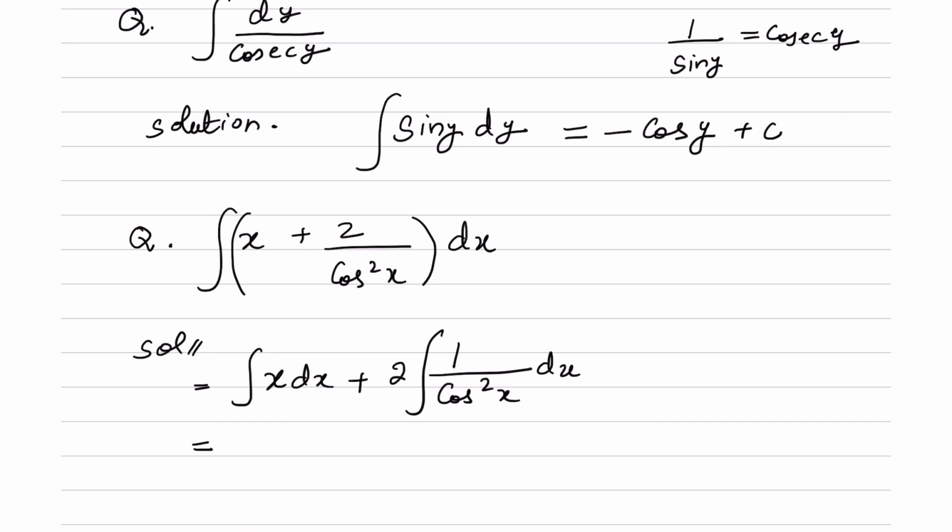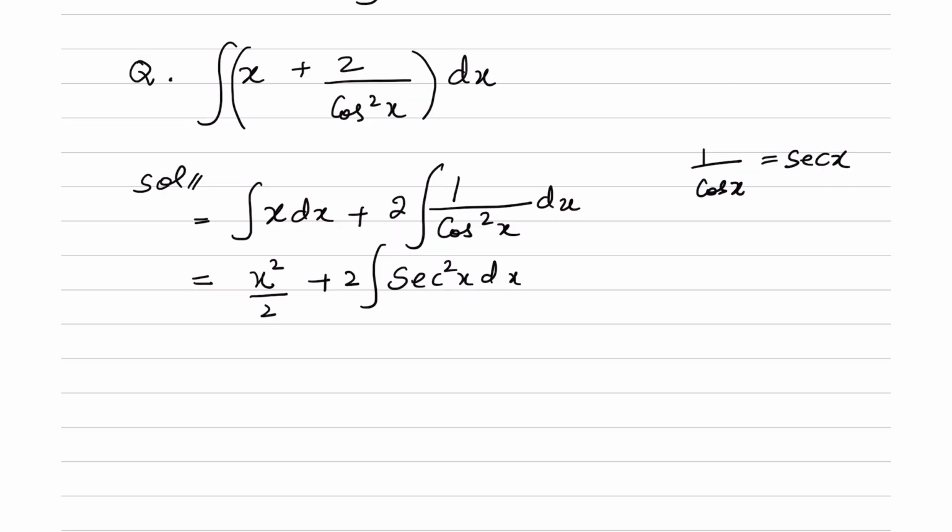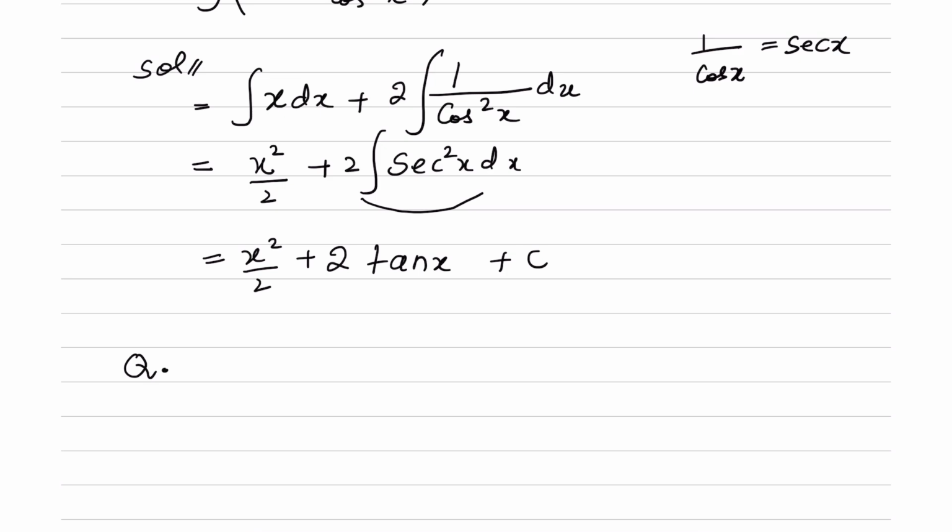Integration of x by the power rule of integration is x square by 2 plus 2, and 1 over cos square x can be written as secant square x, because 1 over cos x is equal to secant x. So x square by 2 plus 2, and the integration formula we know is that the integration of secant square x is tan x and some constant.